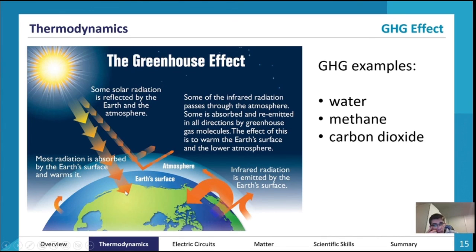The problem comes when this thermal energy gets stuck between the atmosphere and the earth.